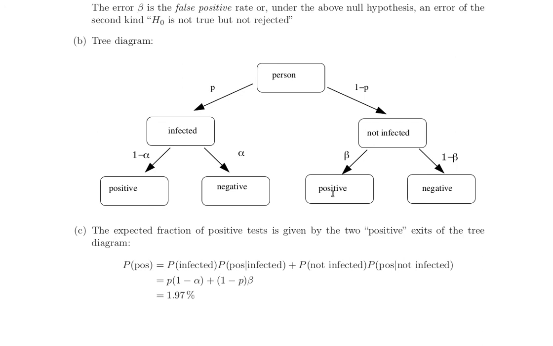And when we want the probability that, if you have a positive outcome, you are infected, then you have just to take the ratio of this branch divided by the sum of this branch and this branch. And this sum we have already calculated to be 1.97%. Basically this is also what the theorem of Bayes says.